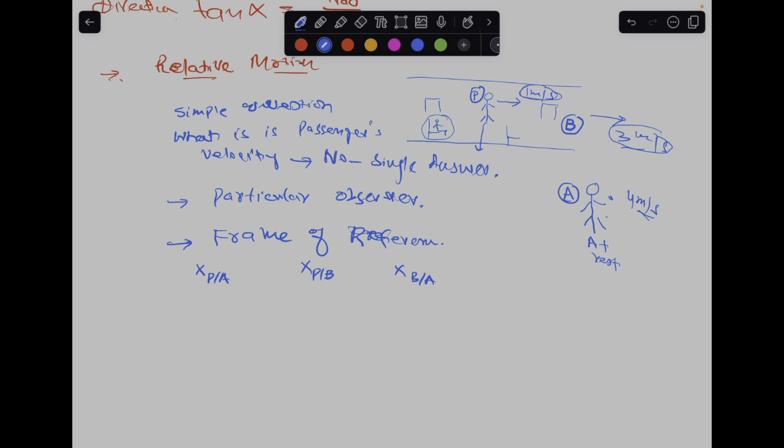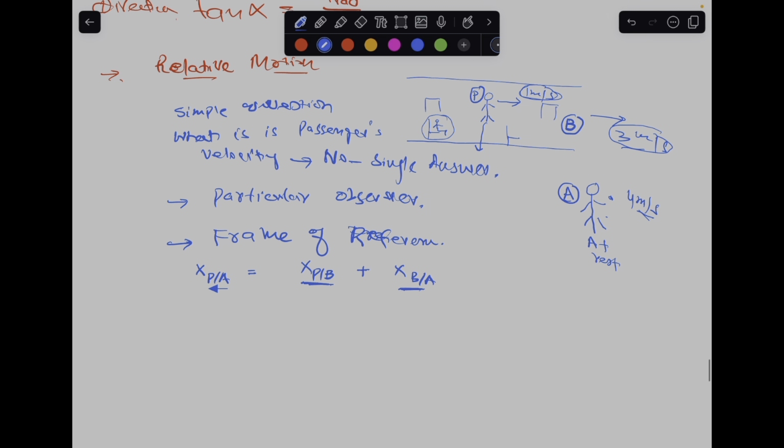So we can show that this position is the sum of two positions. In other words, the coordinate of P relative to A is equal to the coordinate of P relative to B plus the coordinate of B with respect to A.